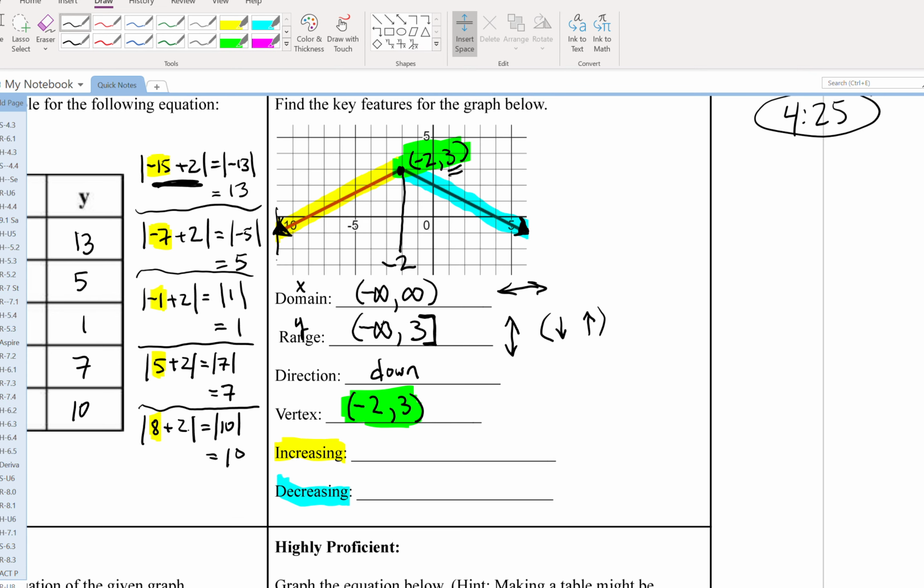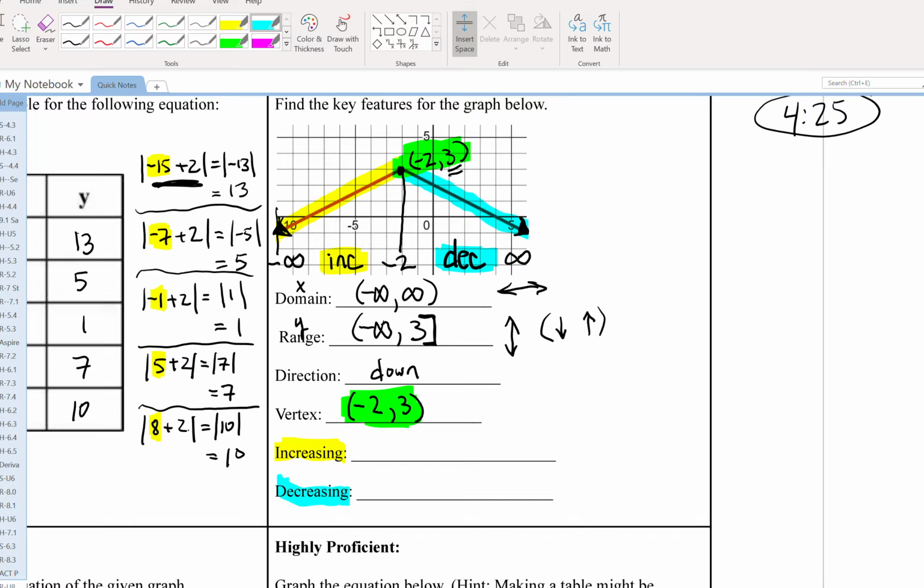Over on this end, you might be tempted to say -11, but it actually just continues towards negative infinity. And over here, towards positive infinity. Again, it's going to the right, so you're talking about x values. Here, I would say this is increasing, and over here, it is decreasing.